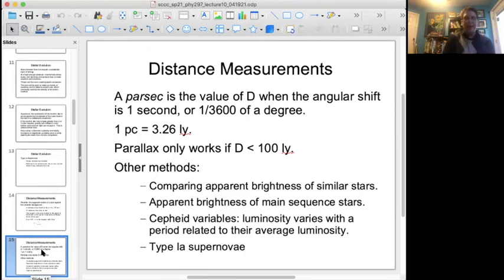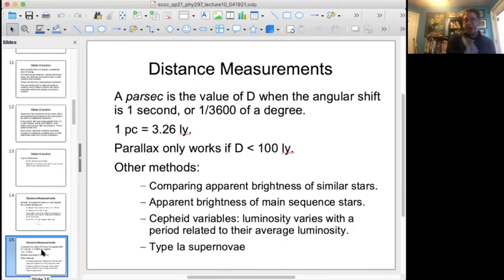How does it look compared to stars that we can say certain things about? Then you can take the ratio of their apparent brightness and figure out the distance from that.